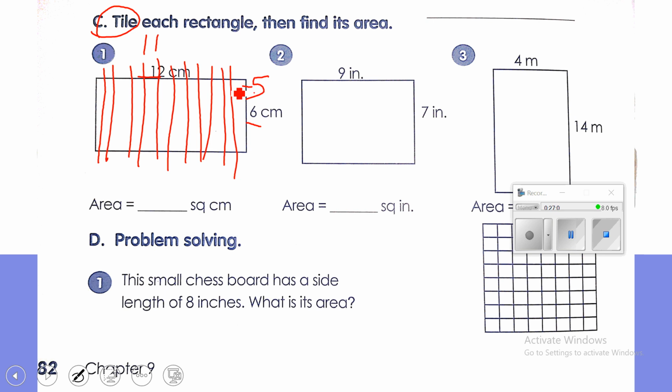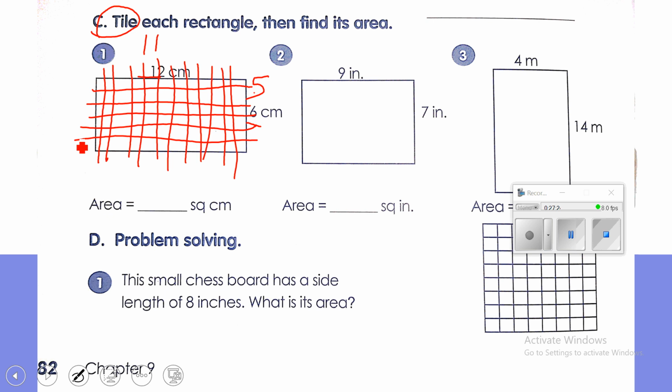And here is 5: 1, 2, 3, 4, 5. Then you can say 12 multiplied by 6. It will be 10 multiplied by 6 plus 2 multiplied by 6, and find the answer.